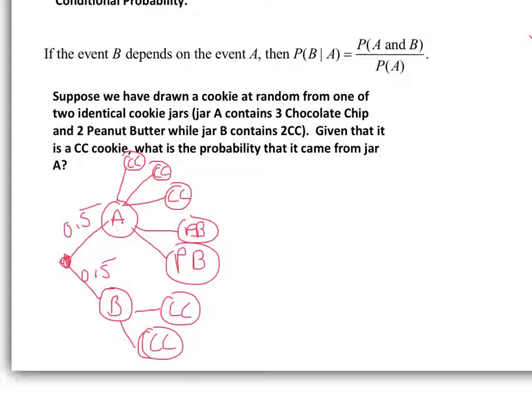So we need to figure out the probability of A and B occurring. So chocolate chip from jar A. If you think about this, jar A, you have a 50% chance, and then when you're in jar A, you have a 20% chance of each cookie happening.